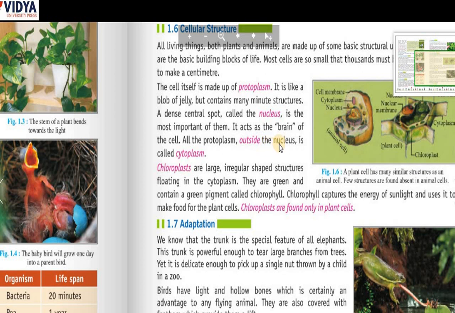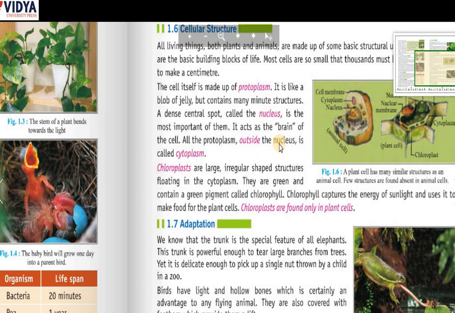This is the structure of an animal cell. And in a plant cell, chloroplasts are also present. Chloroplast contains the green pigment called chlorophyll, which captures sunlight or sun energy and uses it to make food for the plant cell. Chloroplasts are only found in the plant cell.